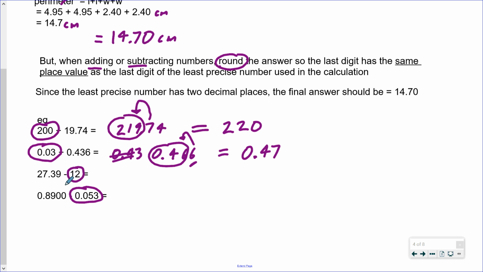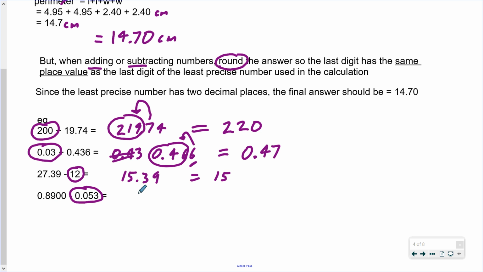Next one here. We have 27.39 minus 12, so that's going to be 15.39. But we need to round it to the nearest whole number. So that would be simply 15 in this case.